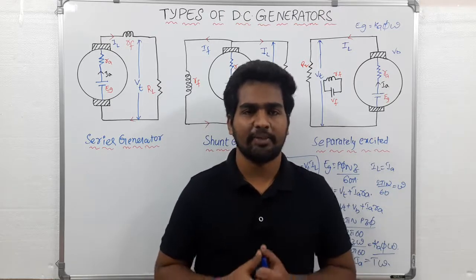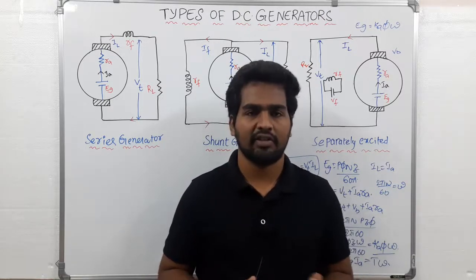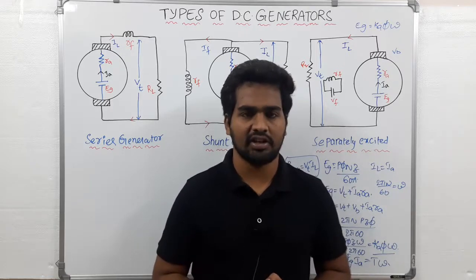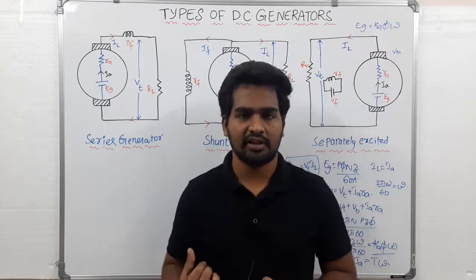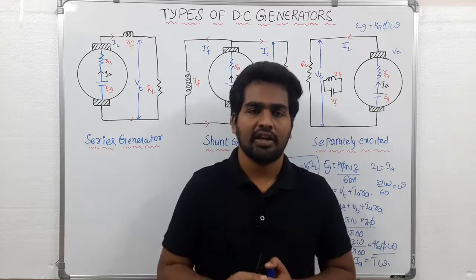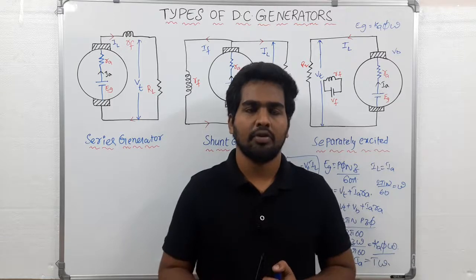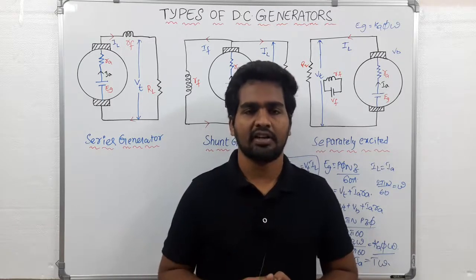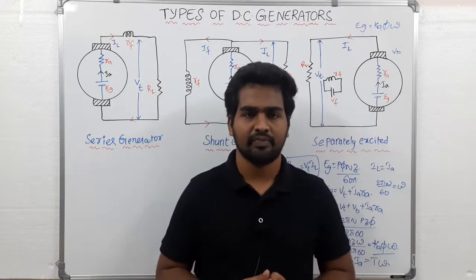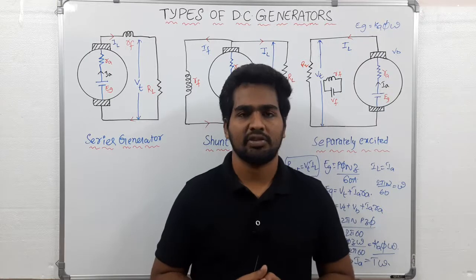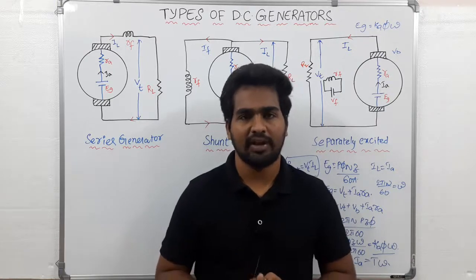How is it happening? We all know that whenever there is a change in flux linkage with the conductor, EMF is generated. But in the self-excited machines, the field current should be produced by the armature itself. At starting stage, there is no current, but EMF is induced in the self-excited machines because of residual magnetism.